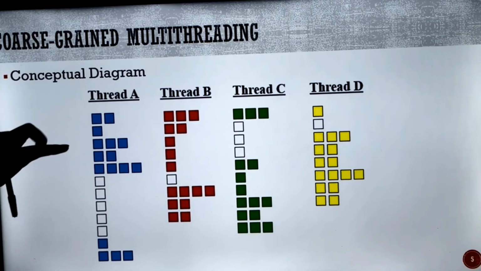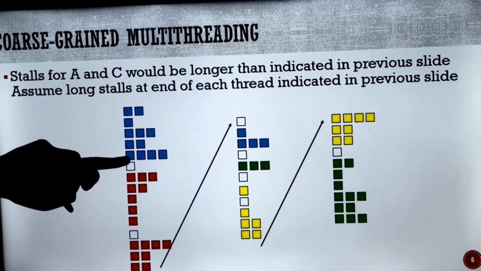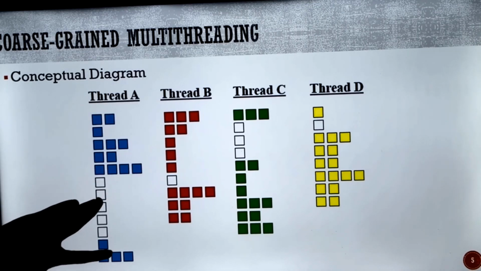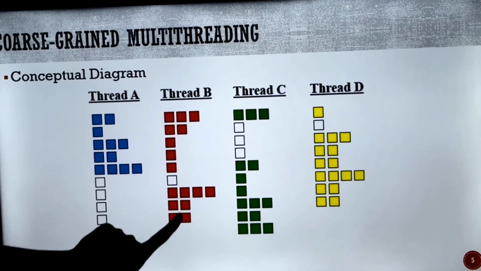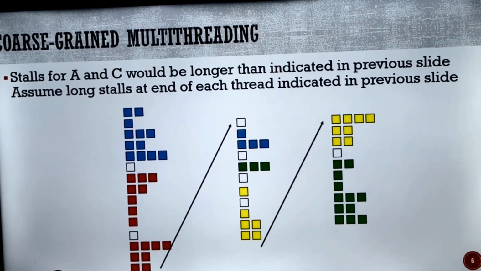Now see the solution. First, these 5 instructions: 1, 2, 3, 4, 5. After that, I will start executing thread B because of the long gap. All these red boxes will be completed.